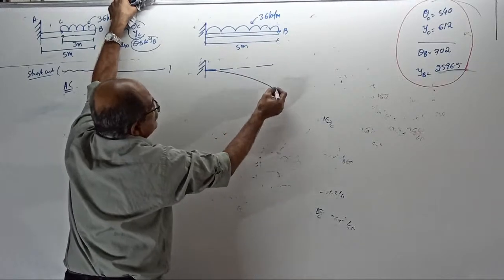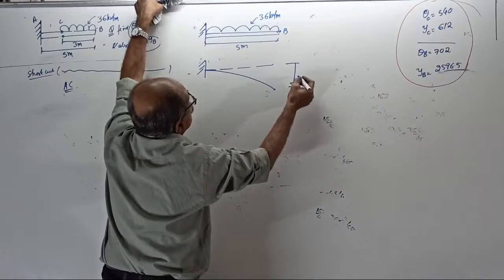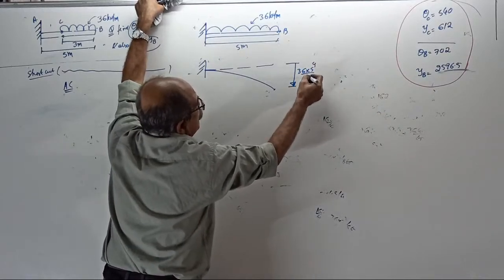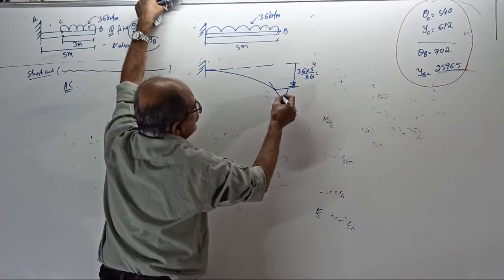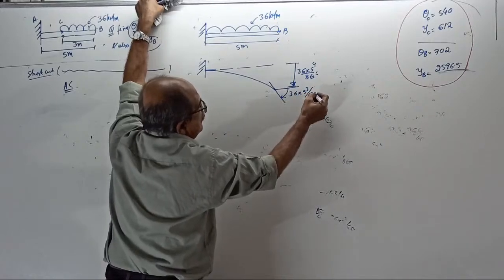The deflection is downward, 36 into 5 power 4 by 8 EI, and the slope is 36 into 5 cube by 6 EI clockwise.